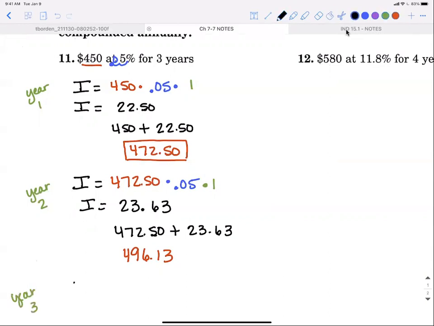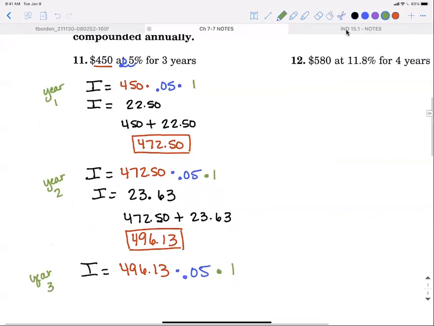So we do our interest for year 3. Notice what our principal amount is. You take what you had at the end of year 2. That's your new principal amount. So my principal is 496.13 times my rate of 0.05 times my year, which is always going to be a 1. So you don't even have to put that in your calculator because anything times 1 is itself.